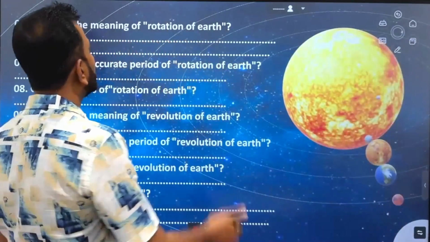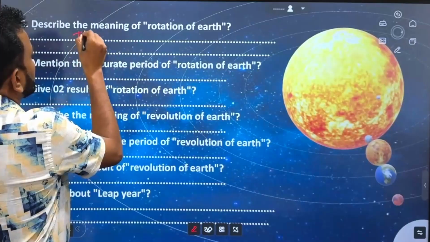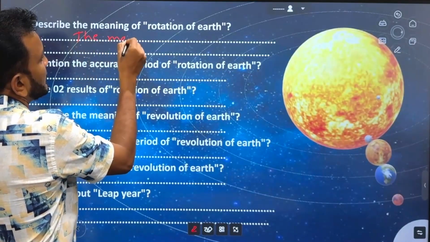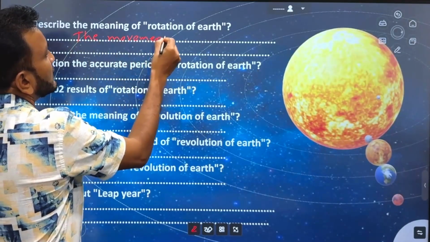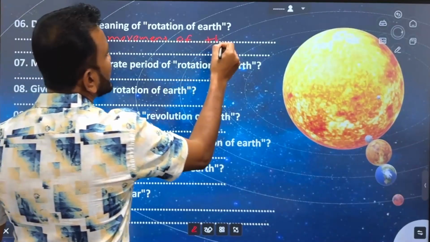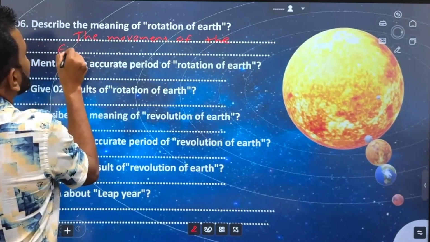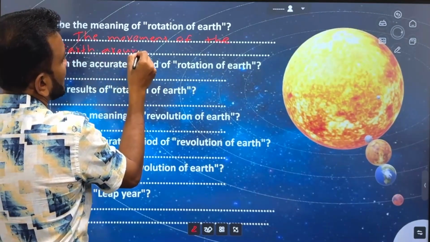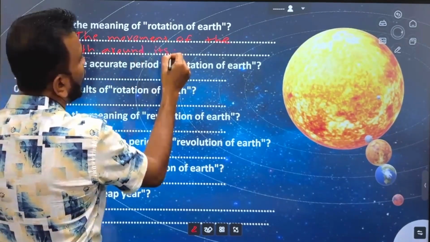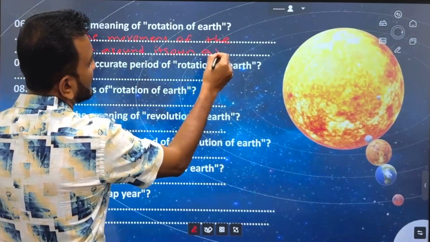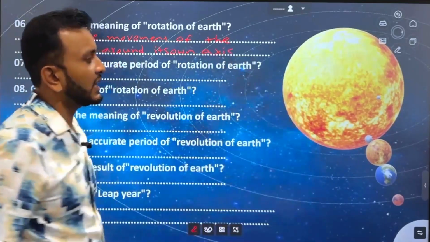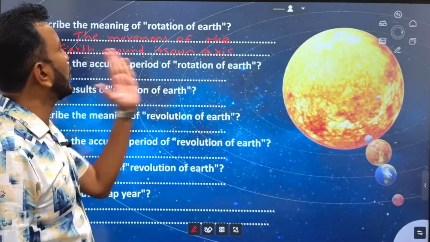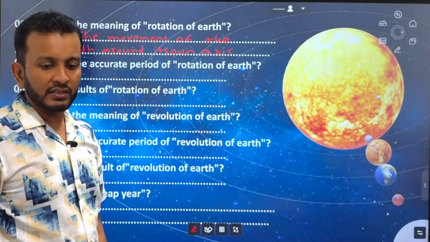Very good. The movement of the earth around its own axis is called the rotation of the earth.